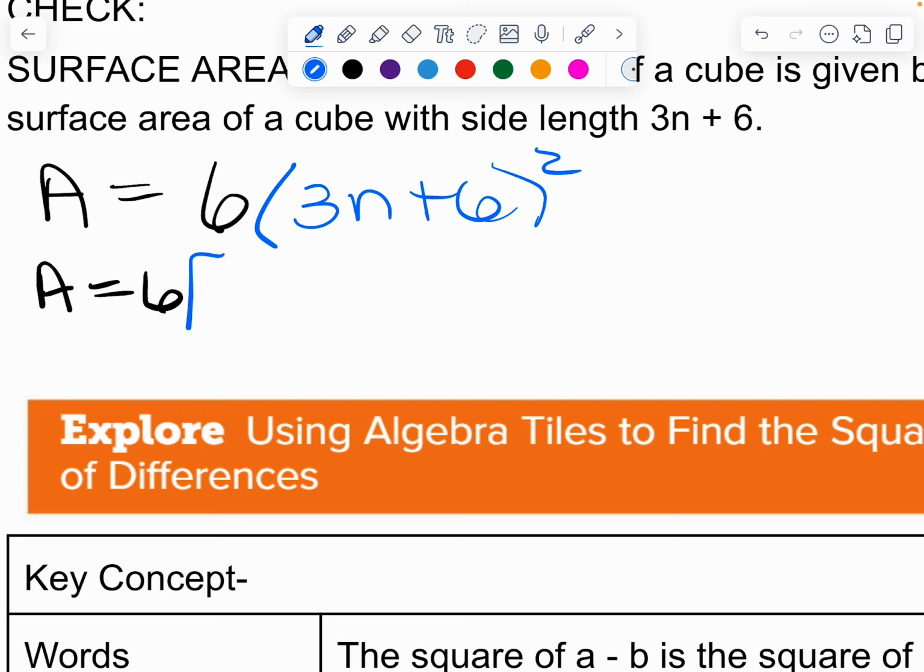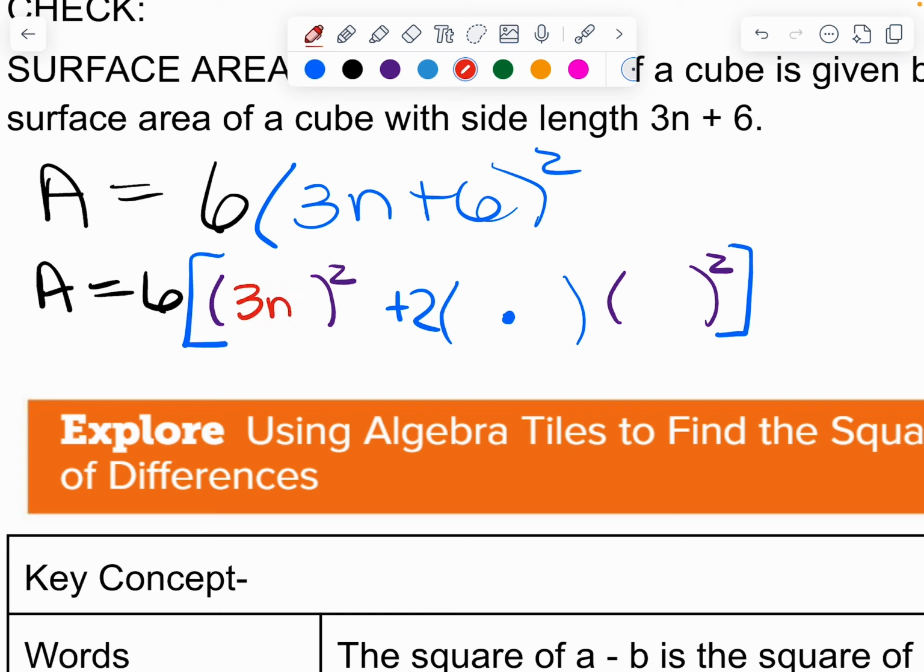So I'm going to take the first one and square it. I'm going to take the last one and square it. Plus 2 times them multiplied together. So 3n, 6.